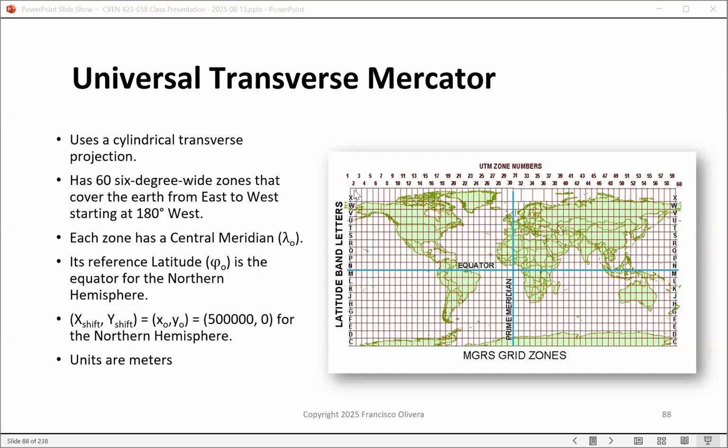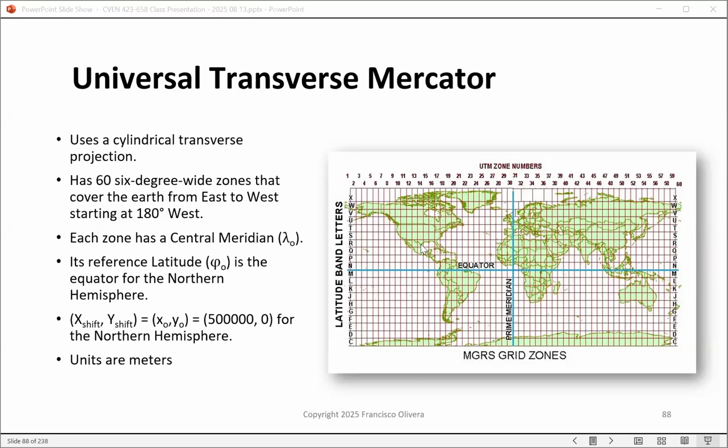It defines a meridian in the middle, 3 degrees to one side, 3 degrees to the other. And all these zones were numbered. So zone number 1 is here in the middle of the Pacific, and it covers 6 degrees. Then the next 6 degrees are going to be zone number 2, and so on.